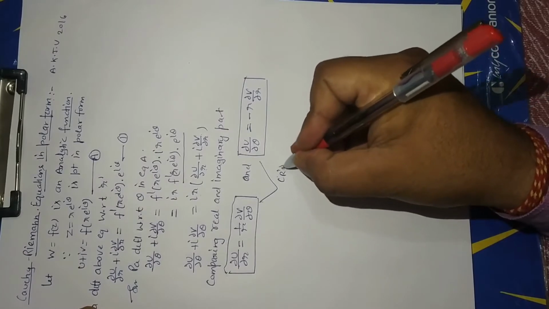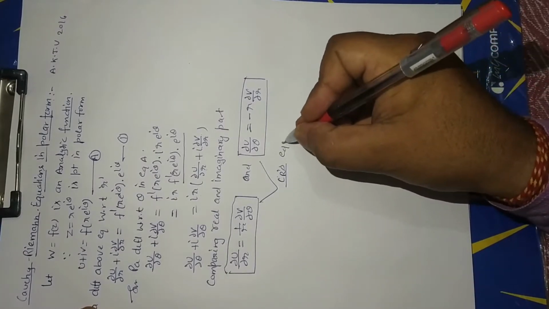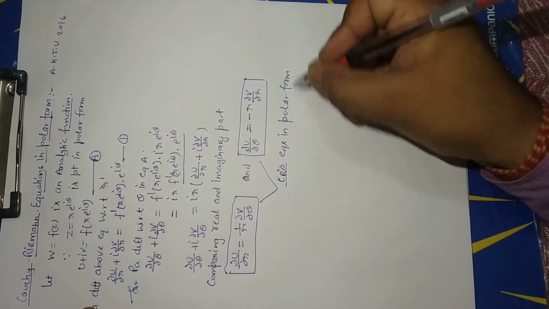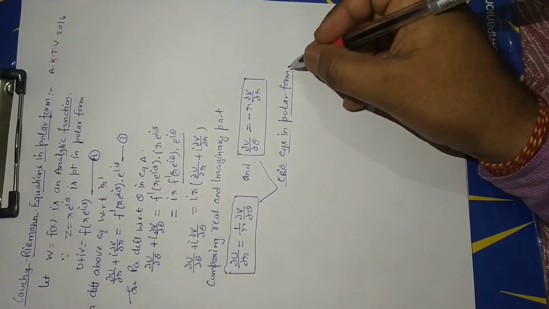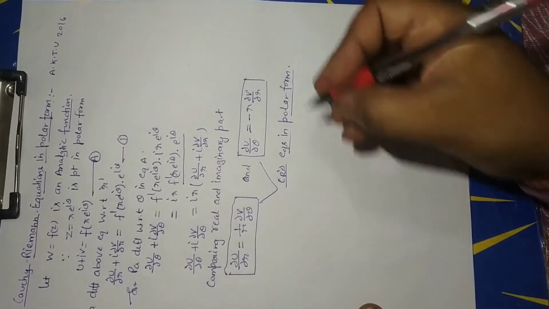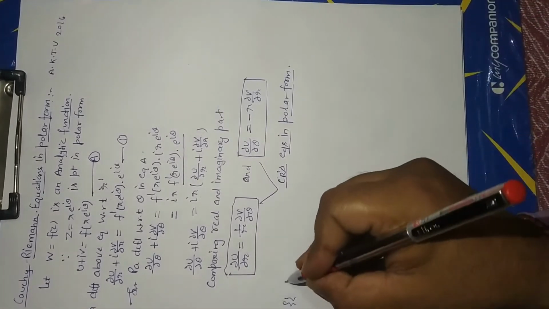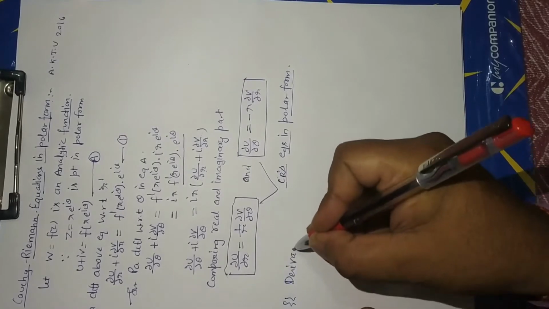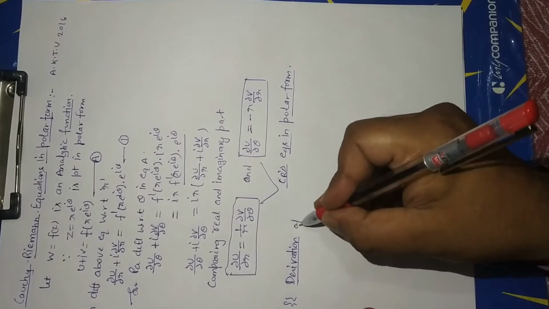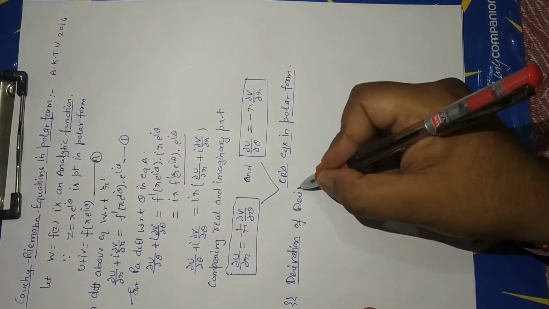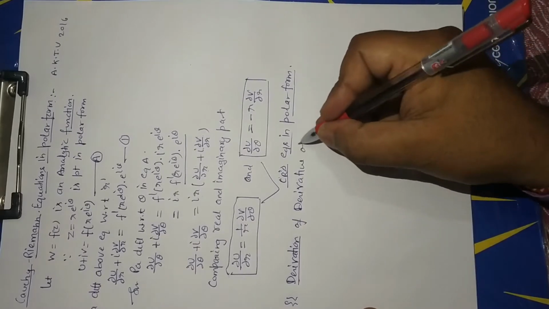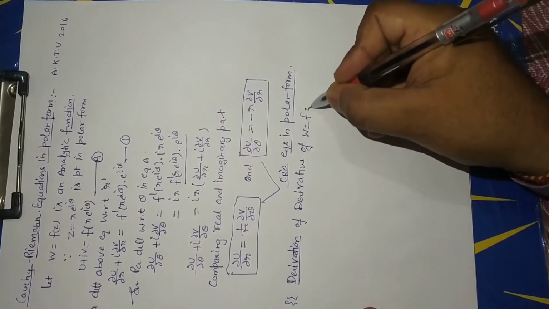CR equations in polar form. Now, derivation of derivative of w equal to f(z).